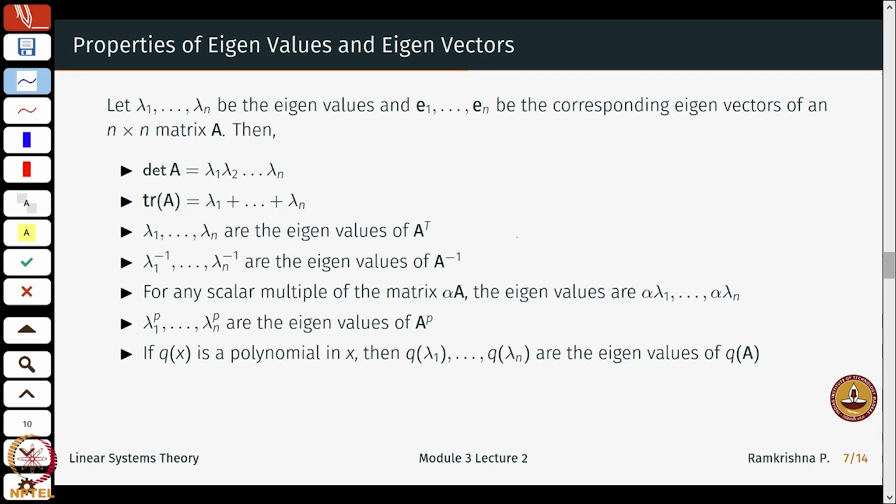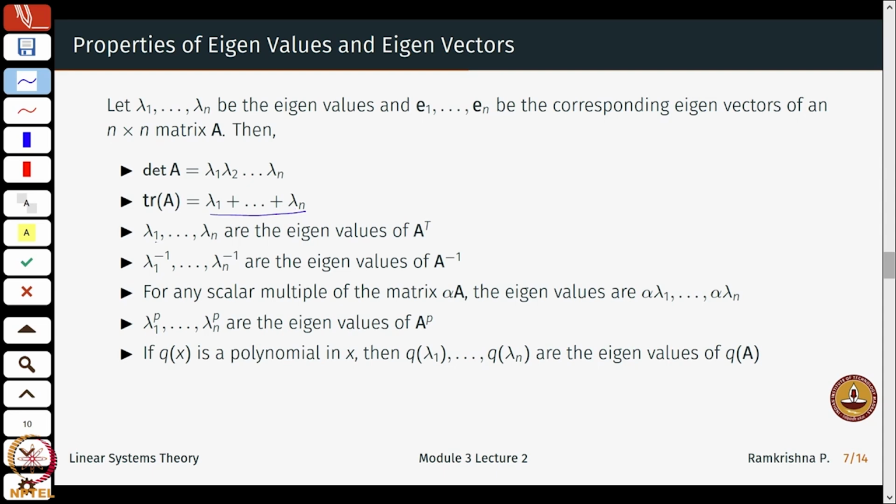Some little more properties of eigenvalues and vectors. Some of them we will do the proof, some of them I will just leave to you as an exercise. If lambda 1 till lambda n are the eigenvalues, the determinant of A is just the product of all the eigenvalues. Now, there is another quantity called the trace of A. For a square matrix, it turns out that the trace is the sum of all the eigenvalues of the system.